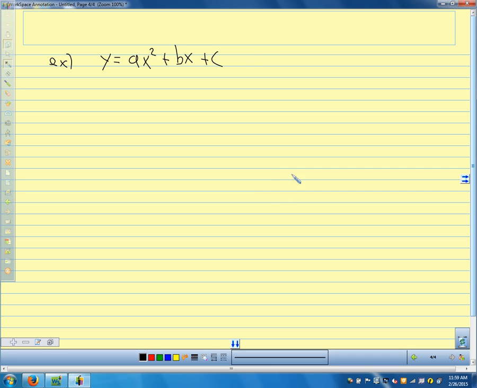So we have this parabola that goes through the points (1, 6), (-1, 4), and (2, 13).